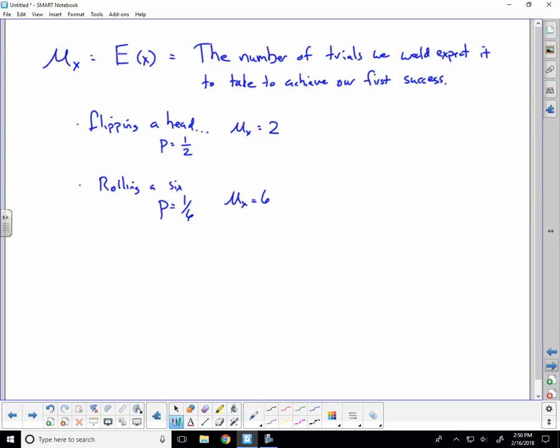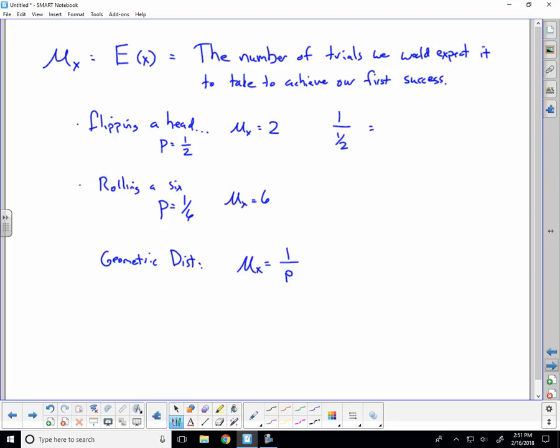And so if we're looking at a geometric distribution, then our mean of x is just going to be 1 over p. Like in the example up here, 1 divided by 1/2. It's asking how many halves are there in that 1?